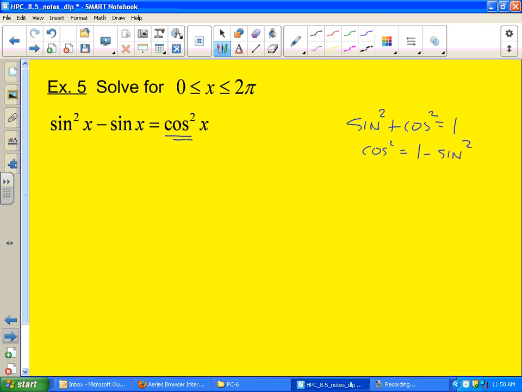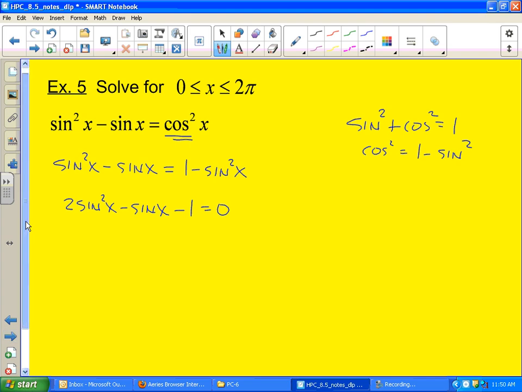So that's what we're going to do. We're going to replace cosine squared with 1 minus sine squared. Now everything is in terms of sines. Let's bring all the parts over to the left-hand side. Add sine squared x, we get 2 sine squared x minus sine x minus 1 equals 0.